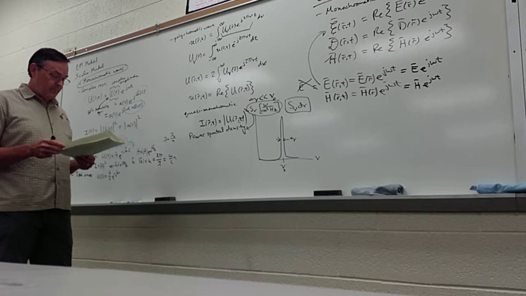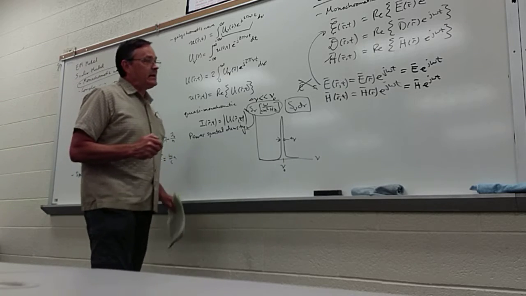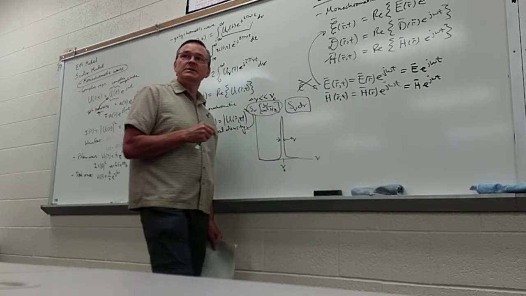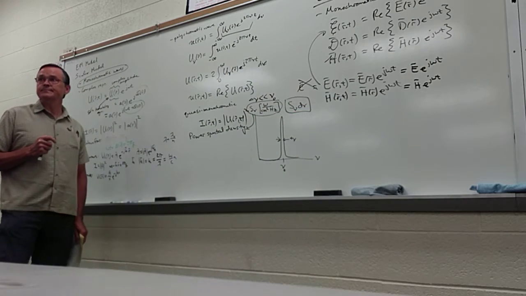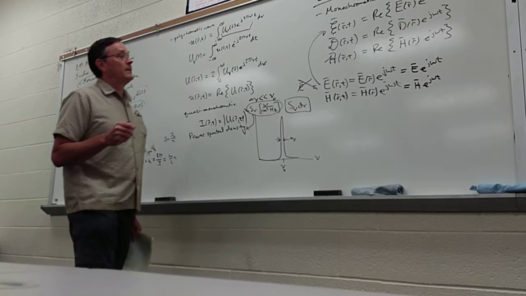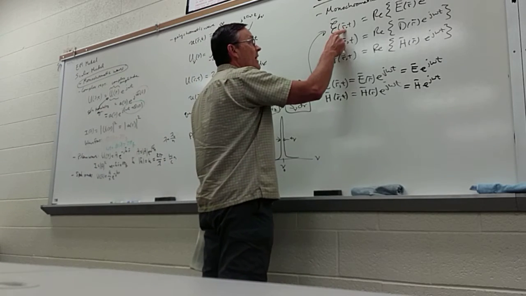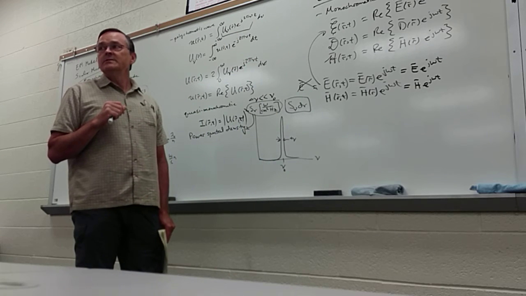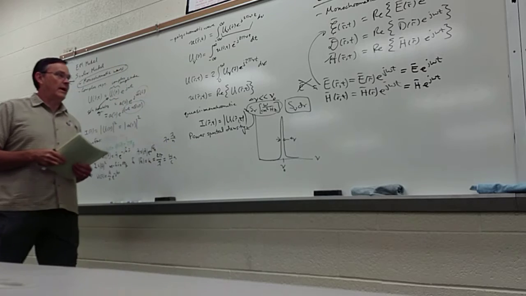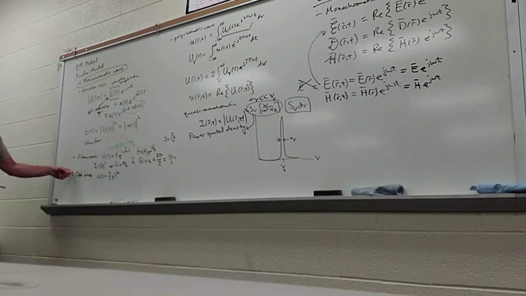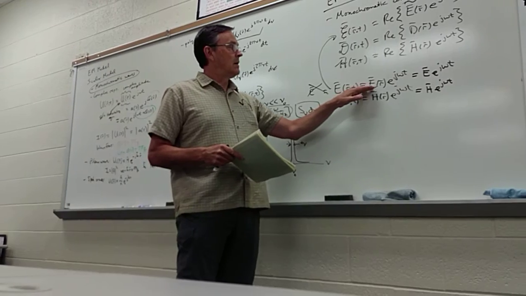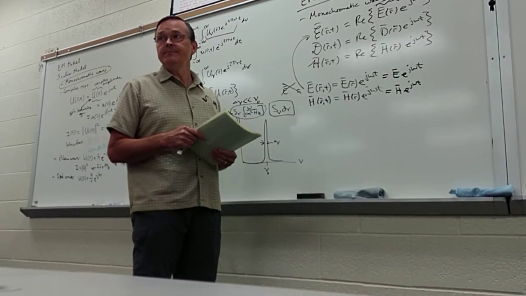Okay, so with that then, each of the spatial components of every single field quantity has to be a solution of the Helmholtz equation, in order for this thing, and therefore that thing, to be a solution of the wave equation. So, that means that the same kind of solutions we get over here for the complex amplitude are the same kind of solutions we get for the individual Cartesian components of the complex amplitude vectors.